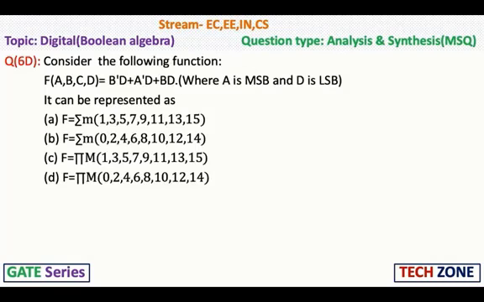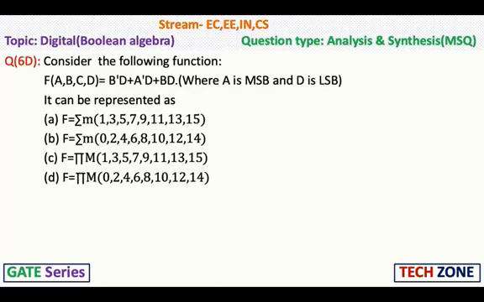So the question here, with the continuity of the series, is: consider the following function f, a function of a, b, c, d, equal to b bar d + a bar d + bd, where a is MSB and d is LSB. It can be represented as option A f = sum of minterms (1, 3, 5, 7, 9, 11, 13, 15).